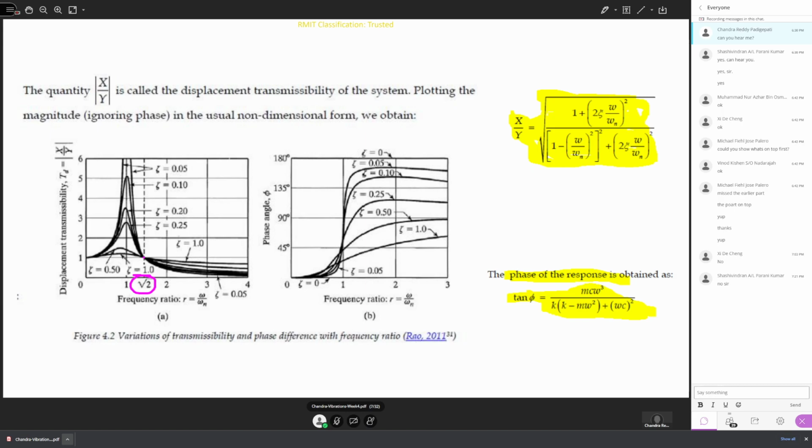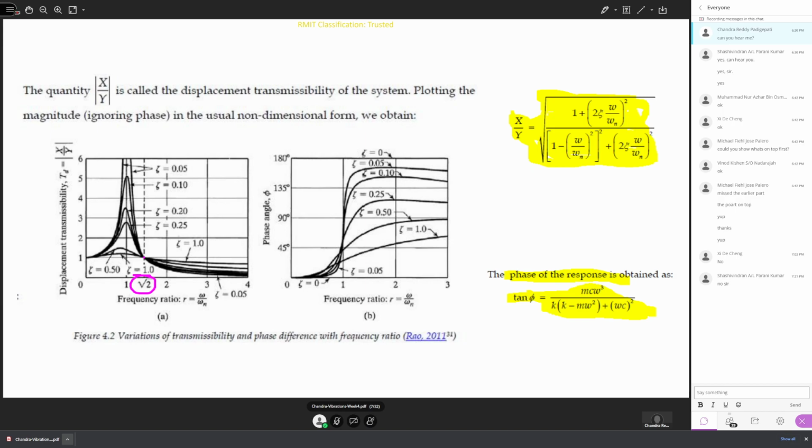That means increasing the damping ratio will not reduce the displacement transmissibility or the force transmissibility. So increasing the C value in the vibratory system is not a solution to reduce the force transmissibility.